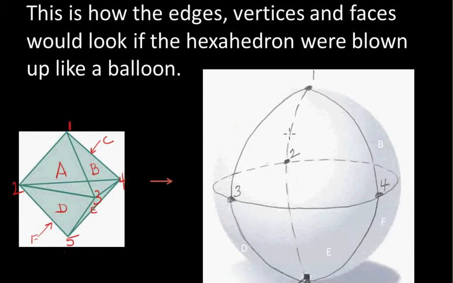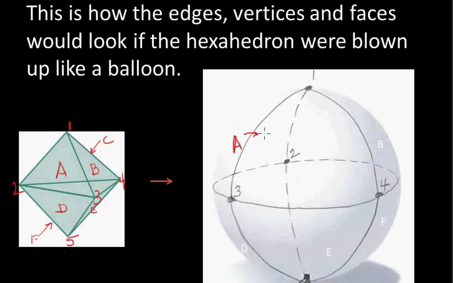So I do that so that we can go over here and see the corresponding regions on the sphere. Let's see, the edges of A go 1, 2, 3. So 1, 2, 3. So this is A back here. This one in the front is 1, 3, 4.